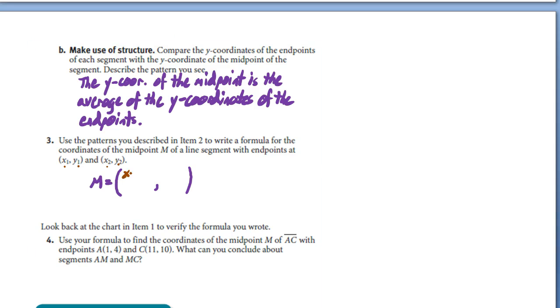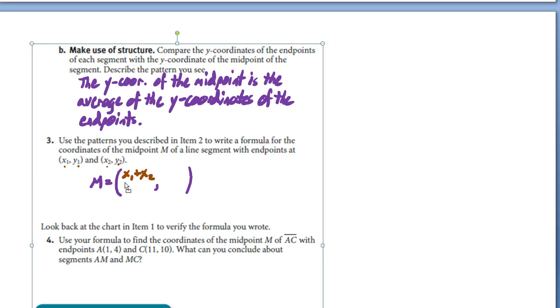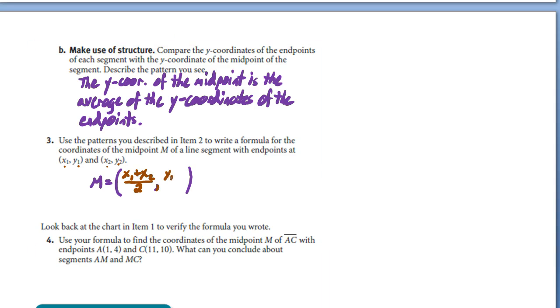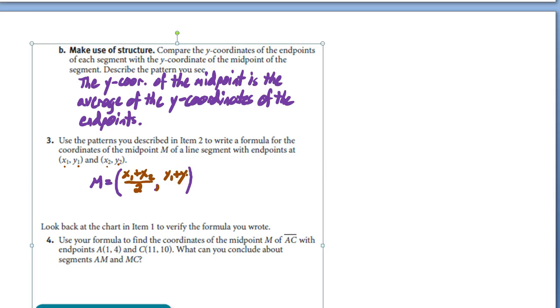To average two numbers, add them together, and divide by 2. Same for the y values. To average those y values, add them together, and divide by 2. So this formula uses variables to represent the numbers. When we actually do problems this year, we'll be substituting values in those variables.